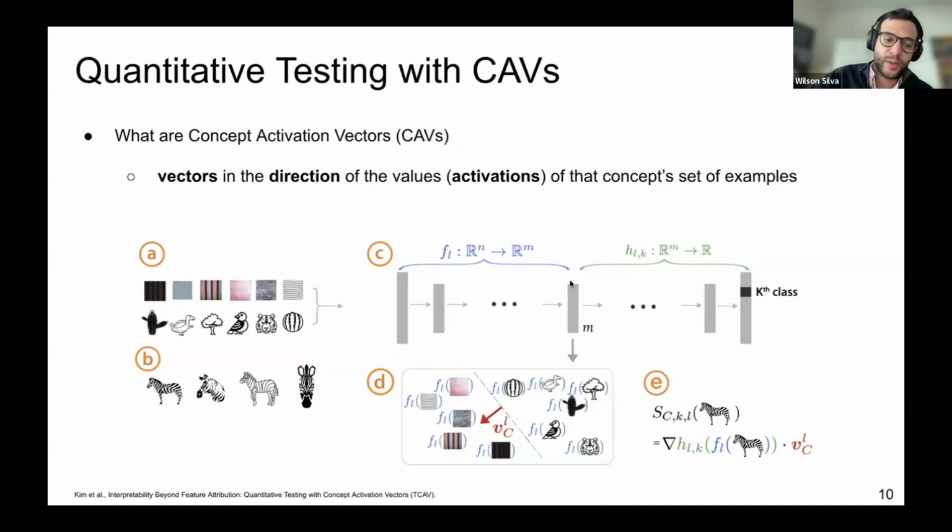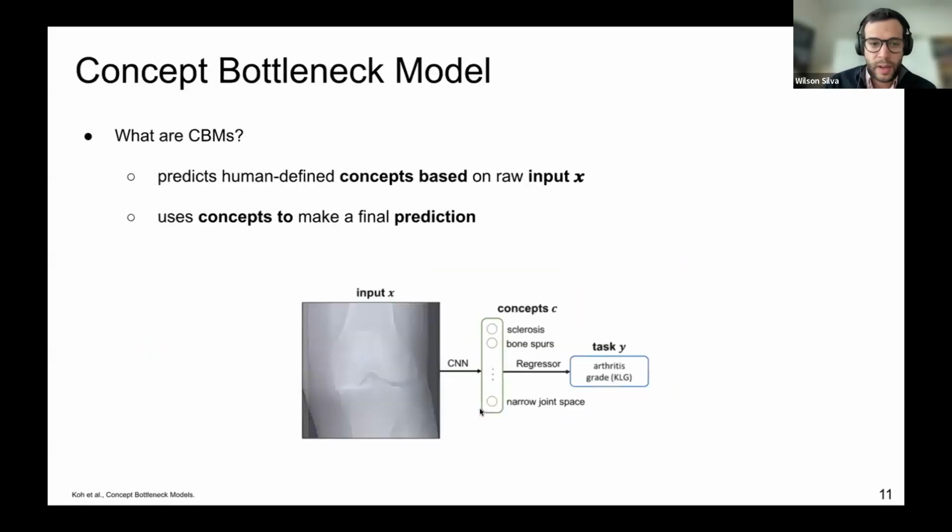And we look into a semantic space, and then we try to see if we can learn a linear classifier that distinguishes these two sets of representations. And based on this linear classifier, we identify the direction of the concept that then will be used to understand if this is a relevant concept or not.